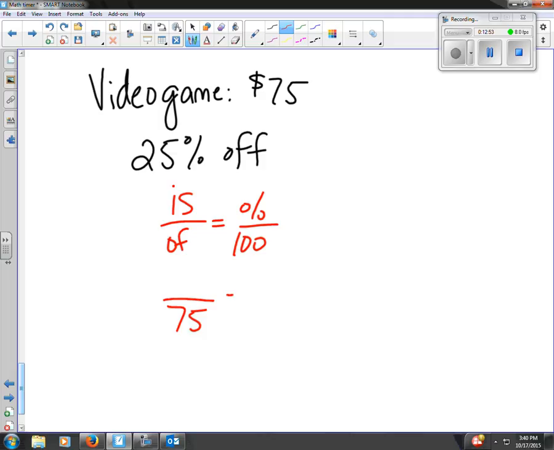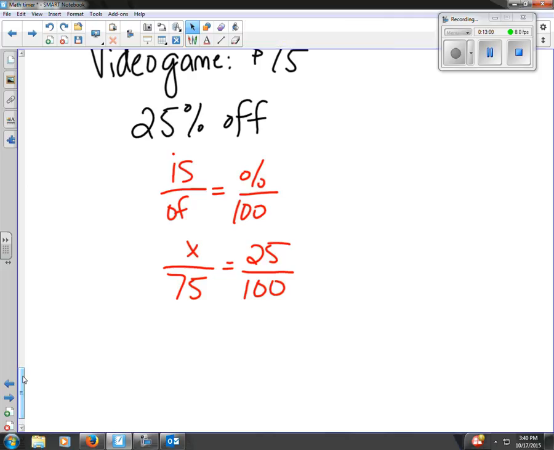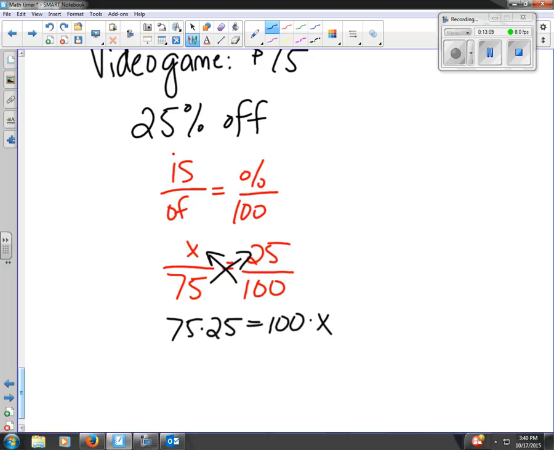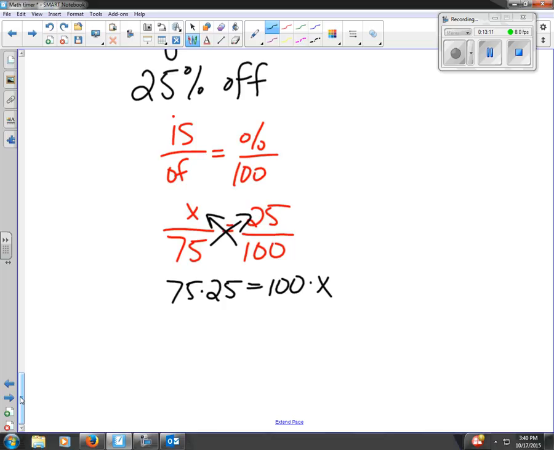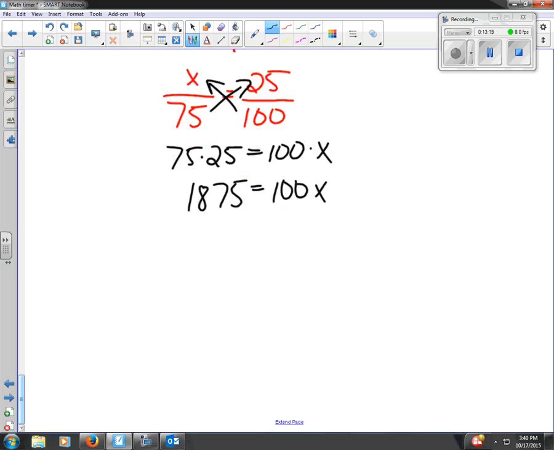That's the of. Your percent is 25% over 100, and you're looking for the is. So you have 75 times 25 equals 100 times x. So 75 times 25 is 1875 equals 100x. You divide by 100, divide by 100, and you get x to equal 18.75.